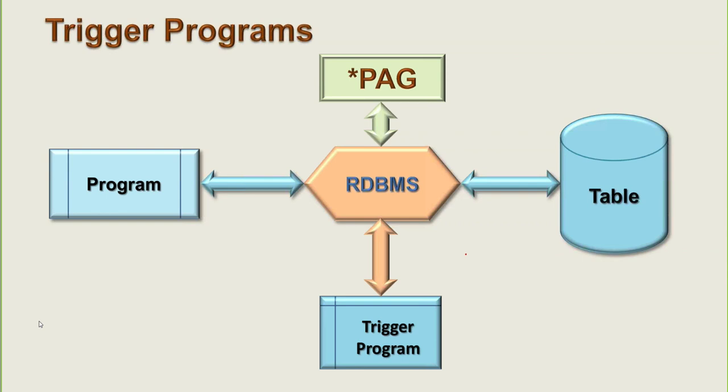And it will pass a call to the appropriate triggered programs in a specific predefined order, and will process the responses from those triggered programs before actually finally returning control to the application program. So there's a lot that goes on between the request to insert a record, for example, and the actual return which says your record was successfully inserted. But that's where it happens. It happens within the relational database management system.